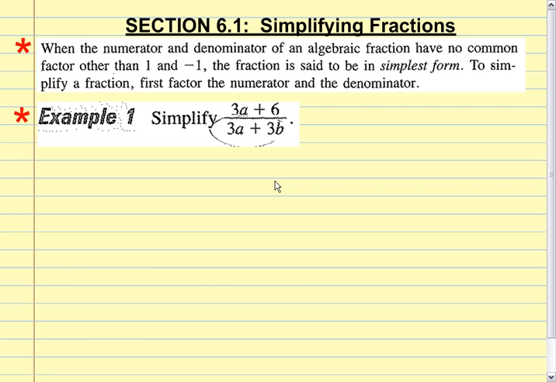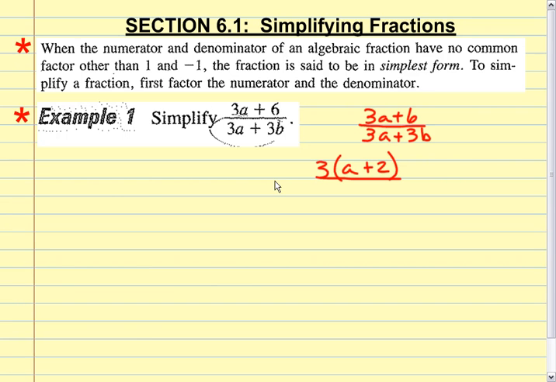All right. Let's look at this one. It's a little messy. Let me see if I can write this over. We've got 3a plus 6 over 3a plus 3b. Okay. Now, let's take the numerator and factor out a 3 because that goes into both 3a and 6. So 3 times a gives me 3a, and 3 times positive 2 gives me positive 6.